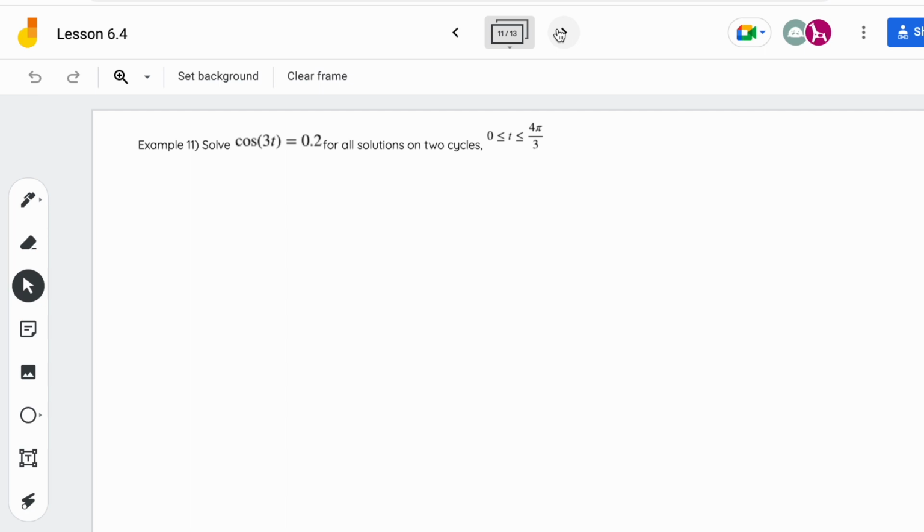We're going to let u equal 3t. Thus, cosine of u is 2/10. I can solve for u by saying cosine inverse of 2/10. And this is going to be approximately 1.369 radians, since we are in fact in radians here.